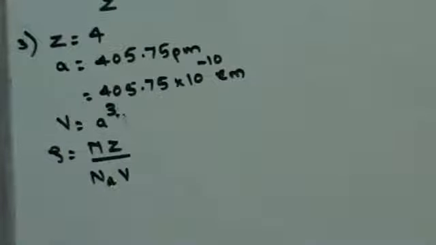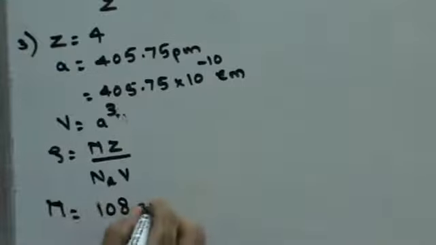Now, argentum metal, the atomic mass is not given to you. The atomic mass you should know. Atomic mass of argentum metal is 108.